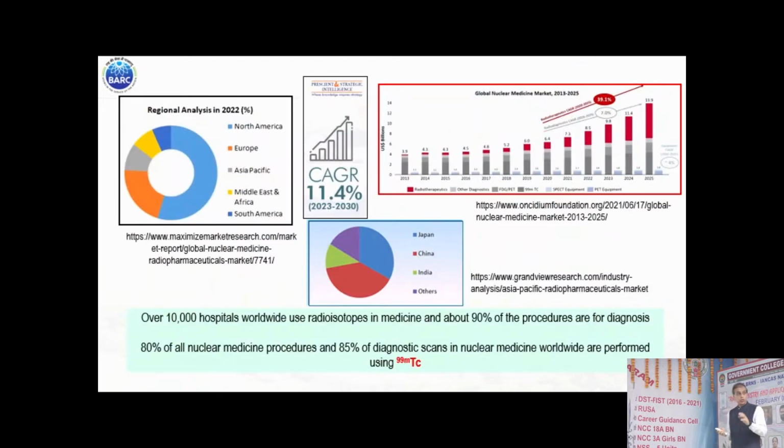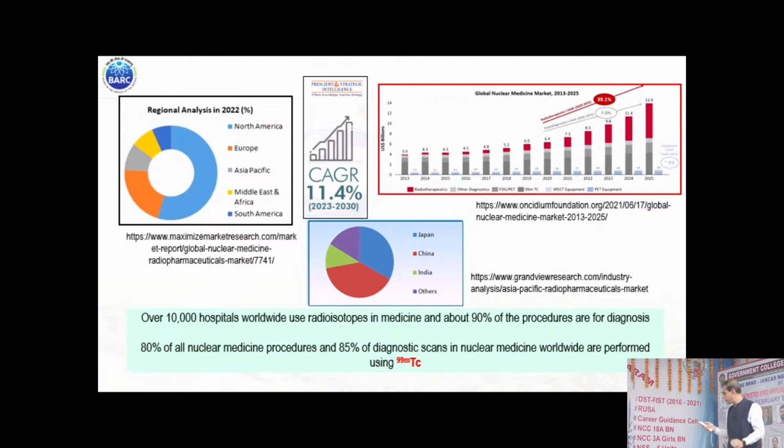Looking at the uses all over the world, you can see the majority is in America. Almost 50% of radiopharmaceutical use is in North America, then Europe, and this is the scenario of Asia Pacific. It may be the world's 10 to 15%. Though we have the major population, Asia uses only 10 to 15% of the world use of nuclear medicine.